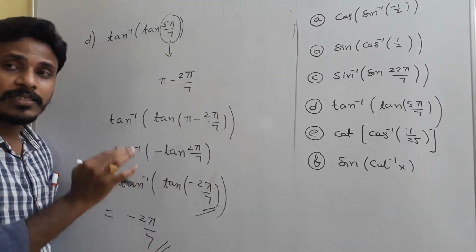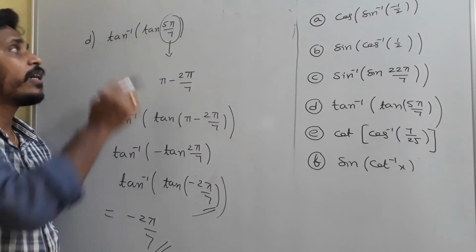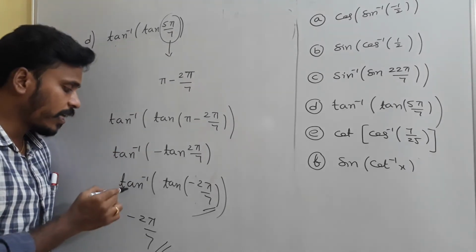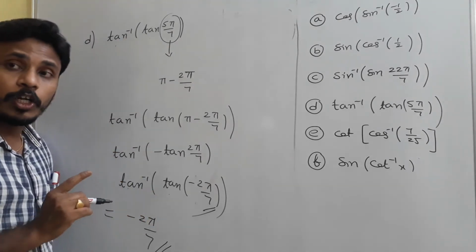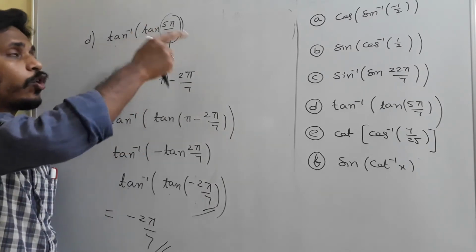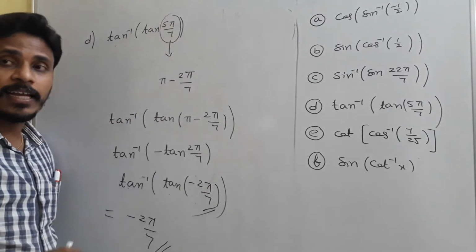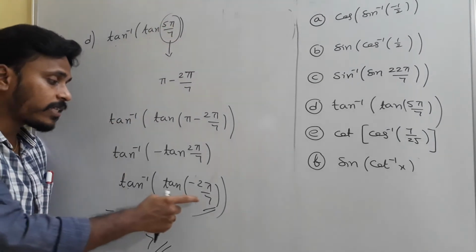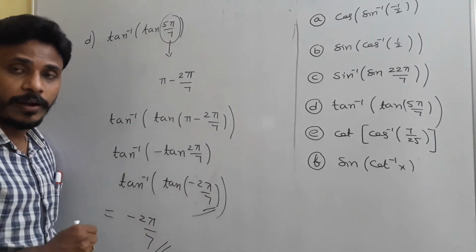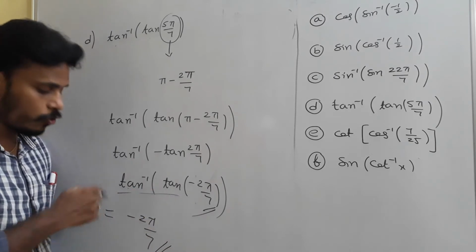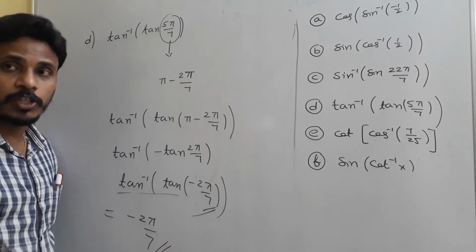Once again the same logic as the previous one. Here it is tan inverse tan, and there it is tan inverse tan, but we don't cancel these two and write 5 pi by 7, because this is not an angle in the required range, whereas this angle is in the required range, so we cancel these two and write the answer directly as minus 2 pi by 7.